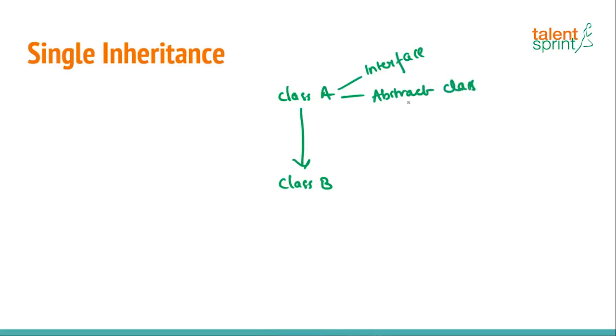In case of abstract class, we will extend. In case of interface, we will implement. So if this is an interface, class B will implement class A. If it is an abstract class, class B will extend class A. So this direct one-on-one is referred to as single inheritance.